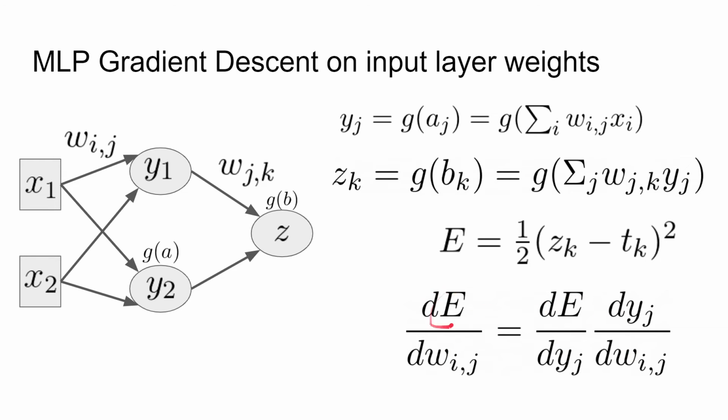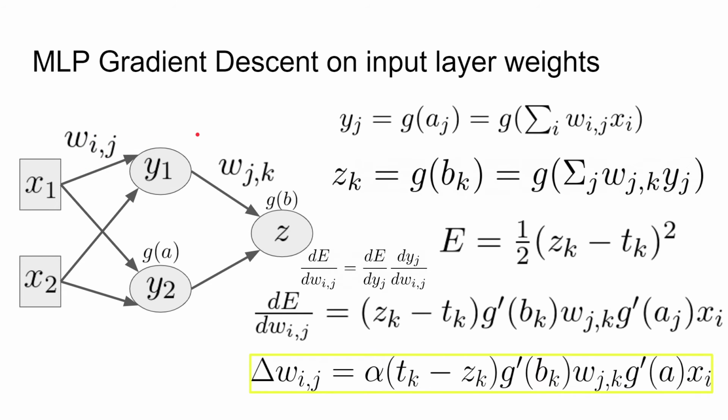So the chain rule says the derivative of the error with respect to the weights is the derivative of error with respect to y. Fine, that's something we've already been able to calculate, it's a little bit easier. Multiply by the derivative of y with respect to these weights. Go ahead and do this substitution, do this canceling, work it all out. We're just following chain rule over and over again.